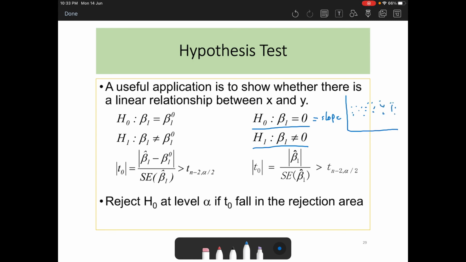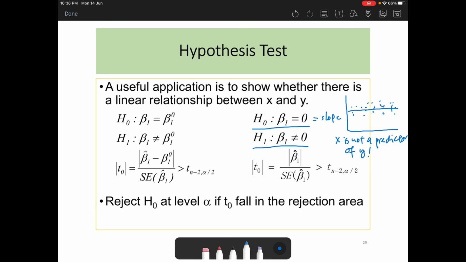So there's no linear relationship between x and y. It might be no relationship at all. So that's why for the null hypothesis we say x is not a predictor of y.